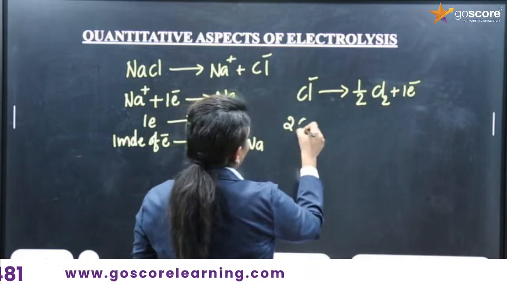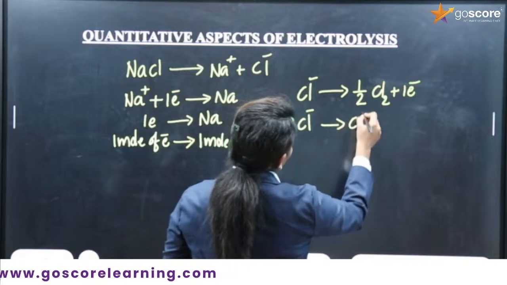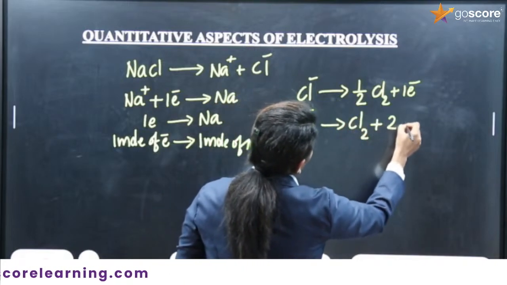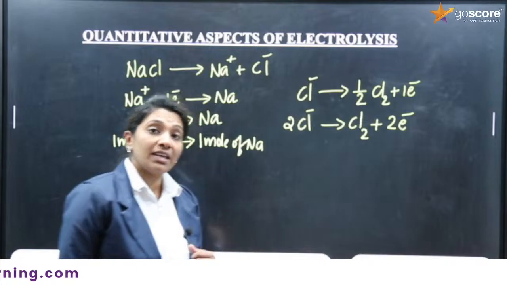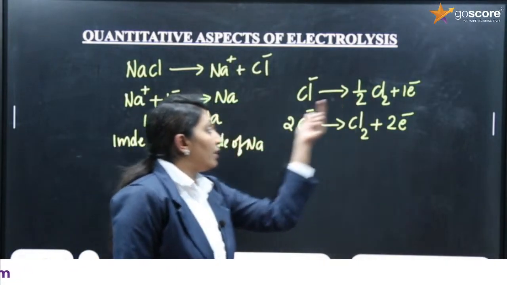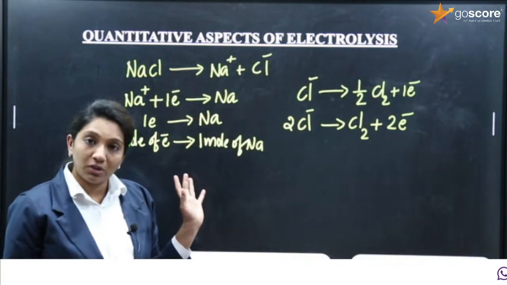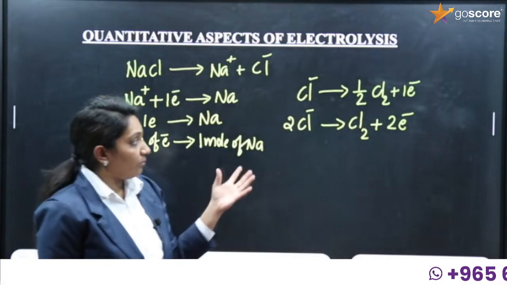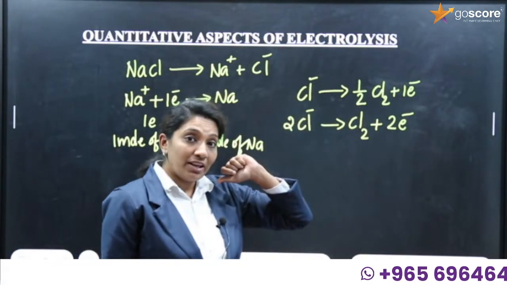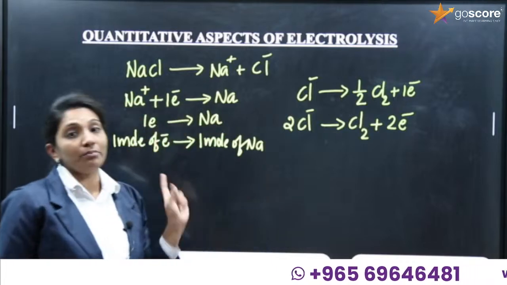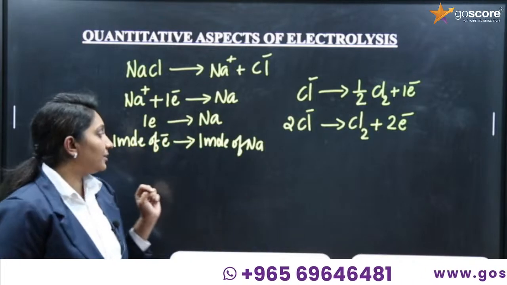So 2Cl minus will give Cl2 plus 2 electrons. Here we can see 2 electrons are required to produce 2 chloride ions, right? Same way, 2 moles of electrons will be required to produce 1 mole of chlorine, right?